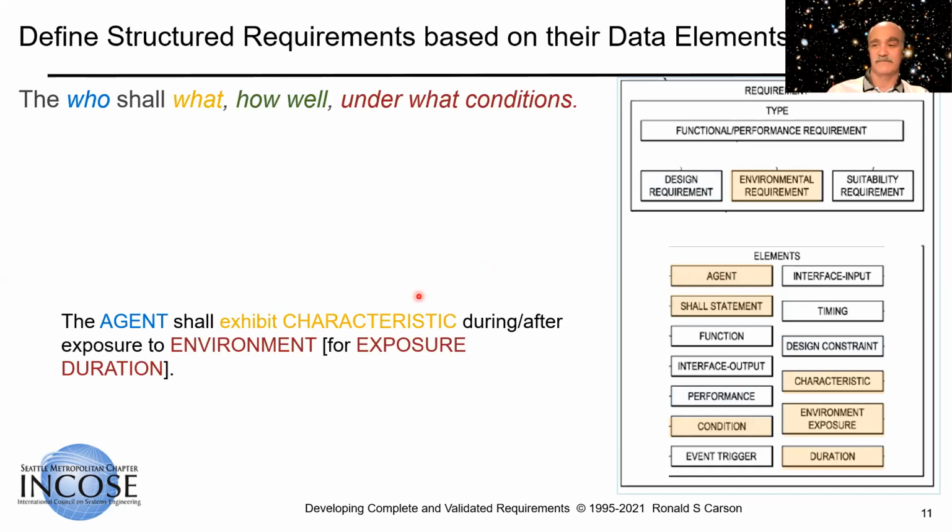Like, it has to operate and satisfy all the other functional requirements during and after exposure to a particular environment. So that's a particular natural or induced, impressed or imposed environment. And there may be an optional exposure duration, like you're exposed to humidity for a certain period of time or whatever.